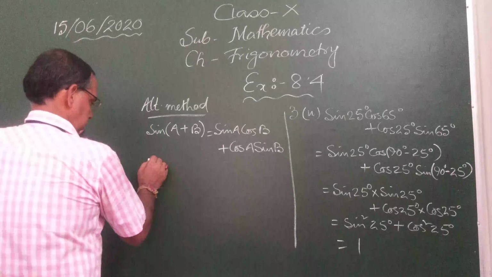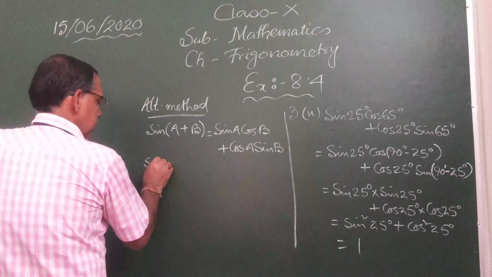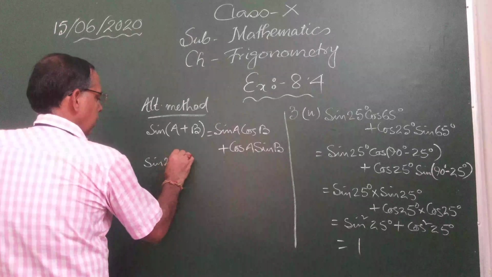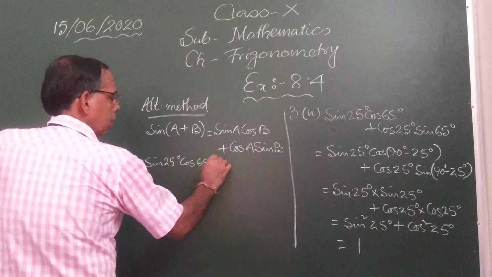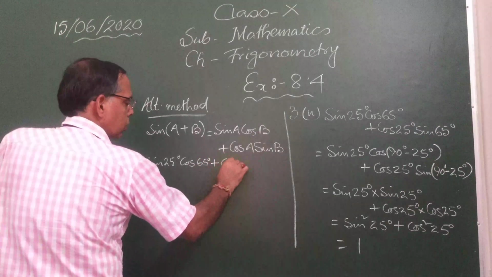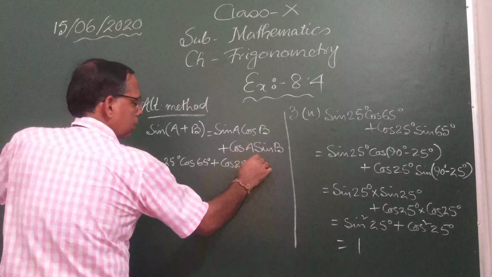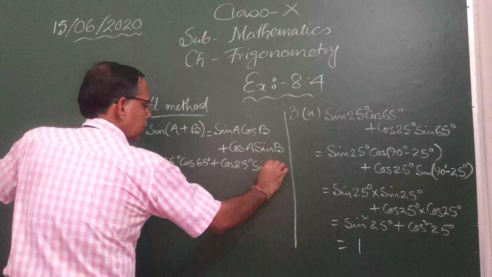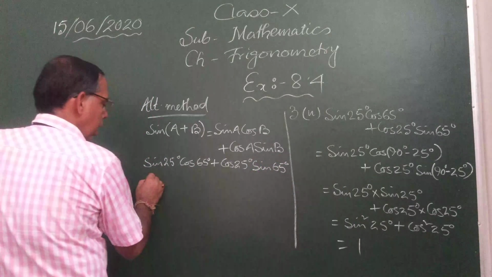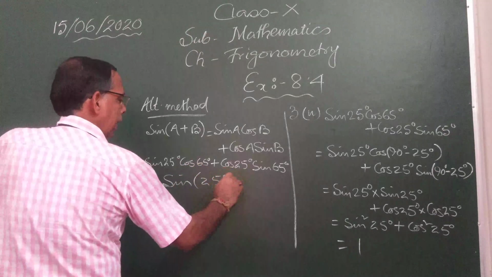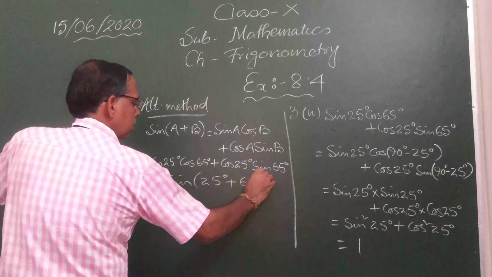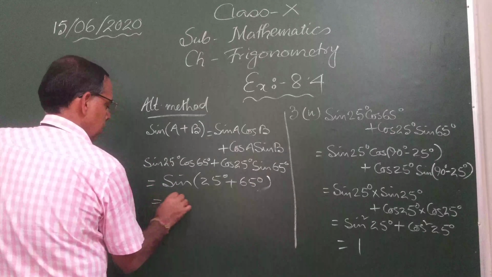So see, sin 25° cos 65° + cos 25° sin 65°. So what will be the formula? sin(25° + 65°), then ultimately what is that? sin 90°.